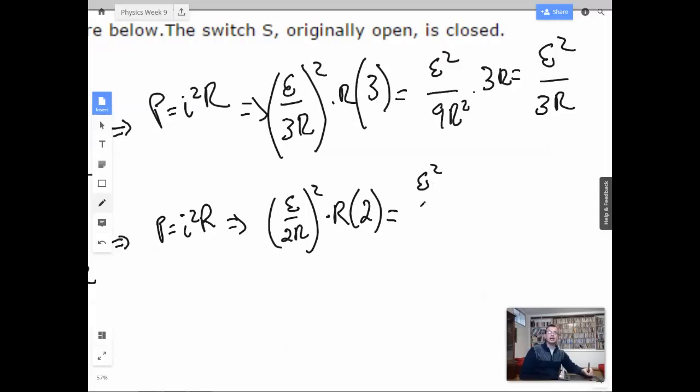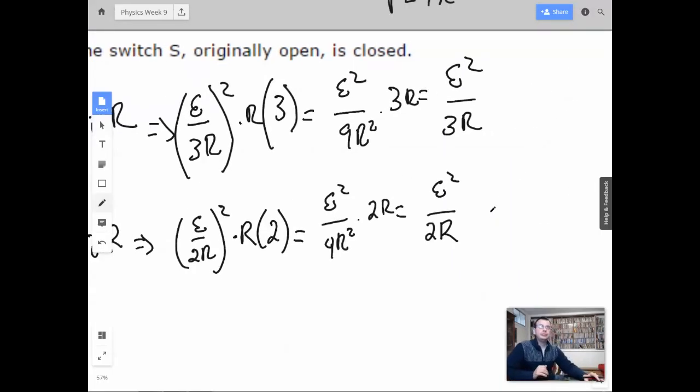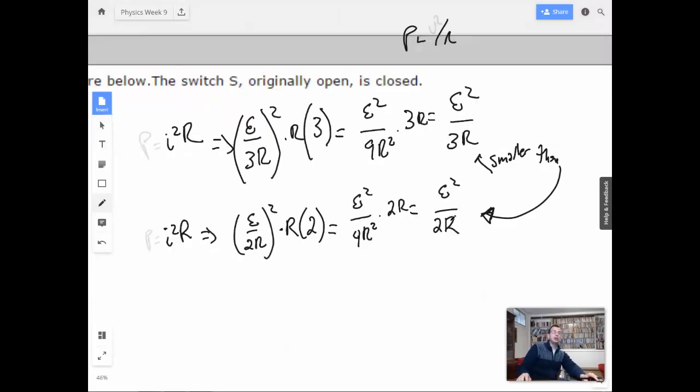We have epsilon squared over 4R squared times 2R. Simplify this, and we have epsilon squared over 2R. And so this is going to be larger than that.